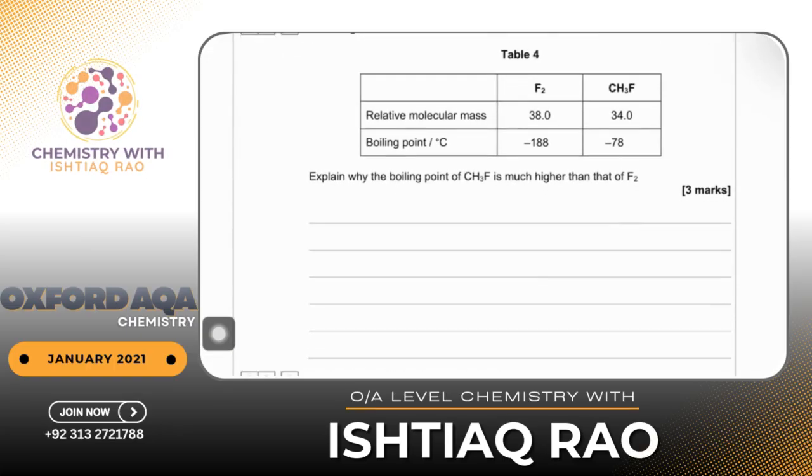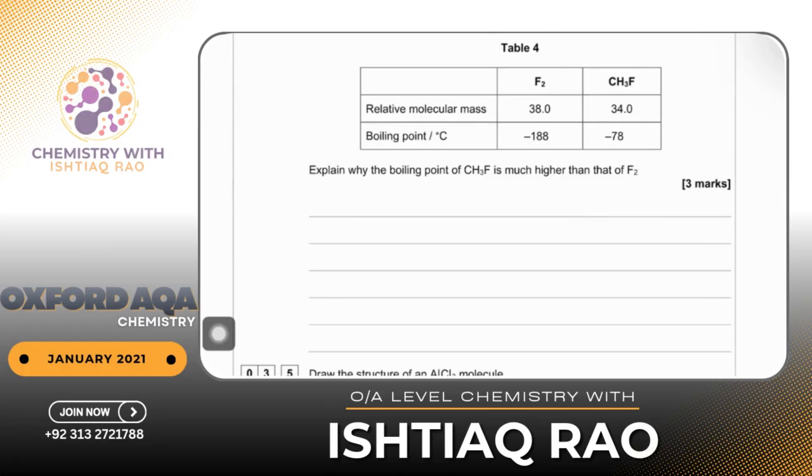Why is the boiling point of CH3F much higher than that of fluorine? CH3F has hydrogen bonding, so its intermolecular forces of attraction are stronger than those of F2, whereas F2 has temporary dipole forces, van der Waals forces. Fluorine has only van der Waals forces, which are weaker.